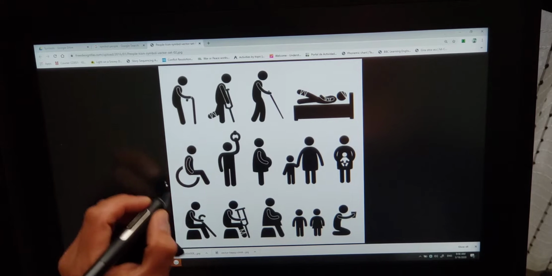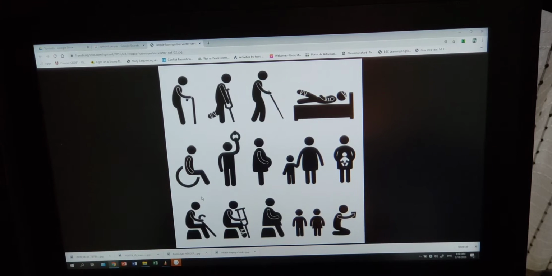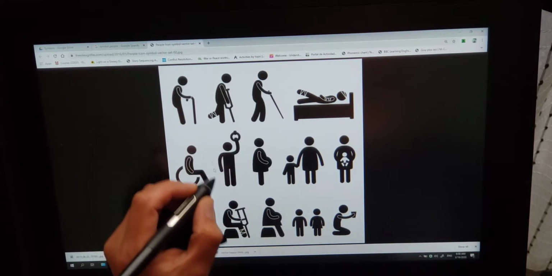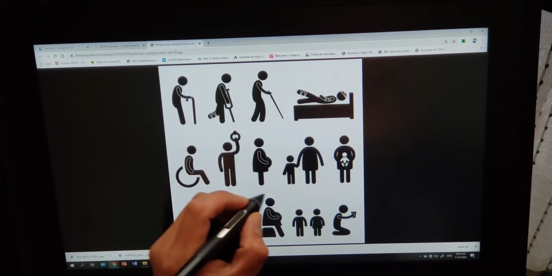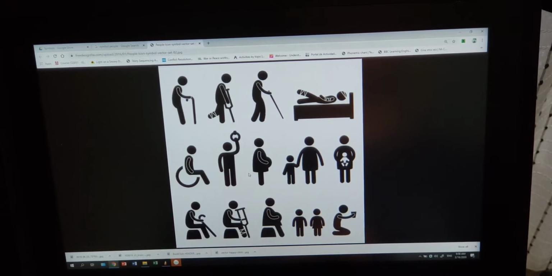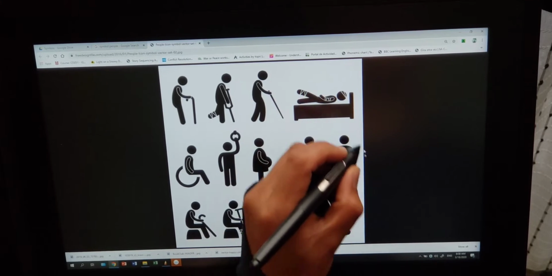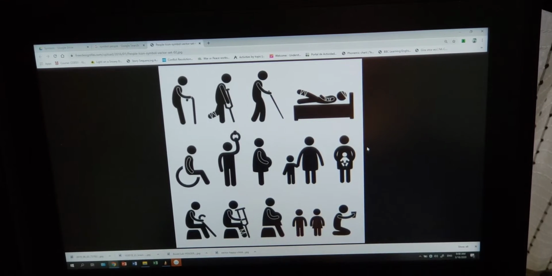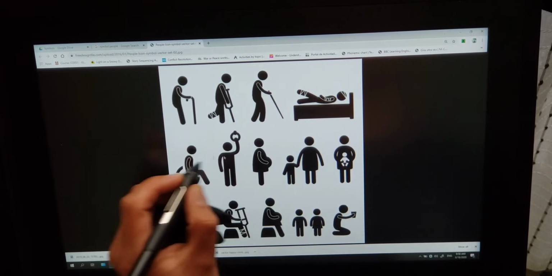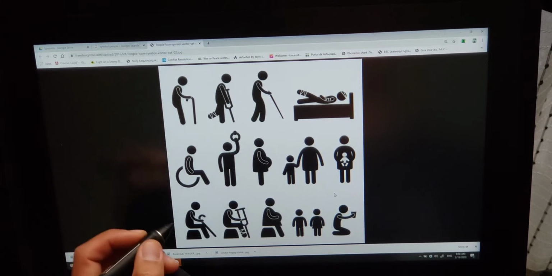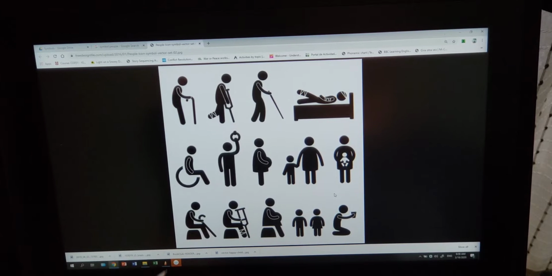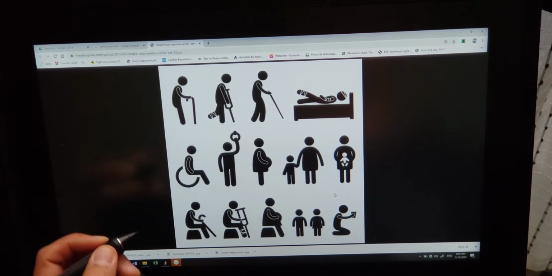This represents a person in a wheelchair, a person on a bus, a pregnant woman, and a woman with a baby. Every one of these symbols represents something. What is most important is that they represent something in a simple way.